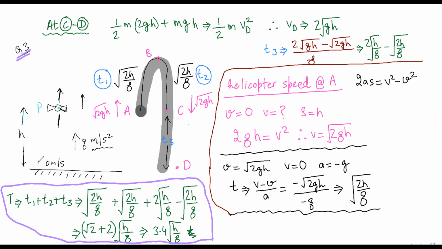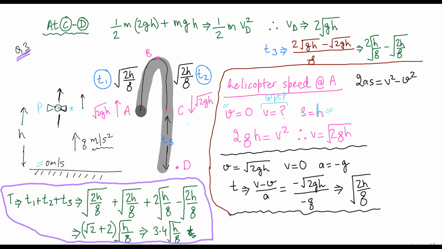So the initial velocity of the helicopter was 0. We want the final velocity. This is my point P. This is where the packet was released. So at this point, the height is h. Is it making sense? Avantika, are we clear till here?